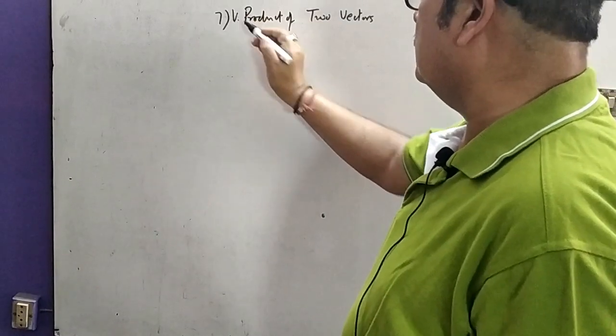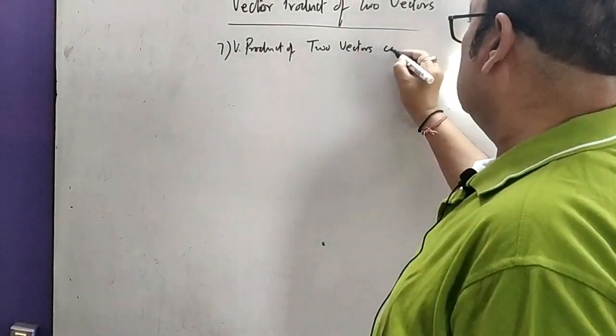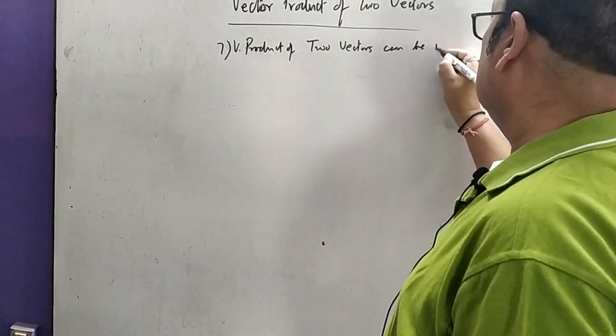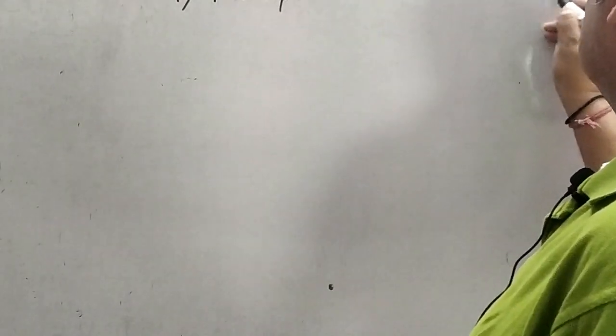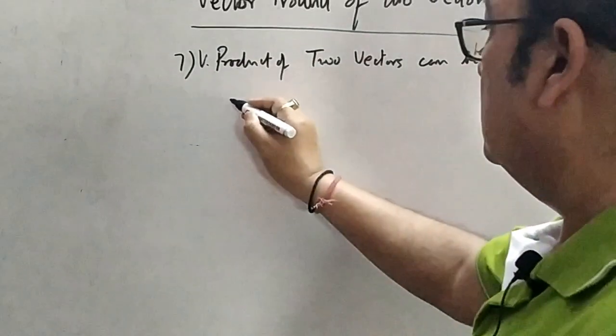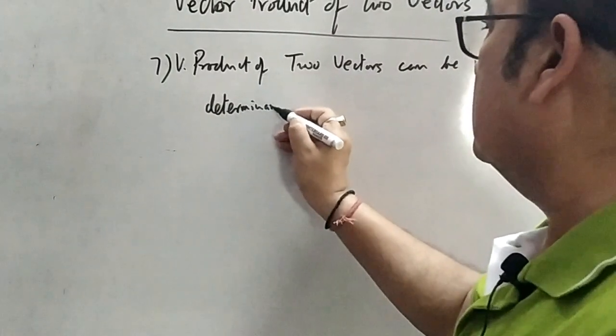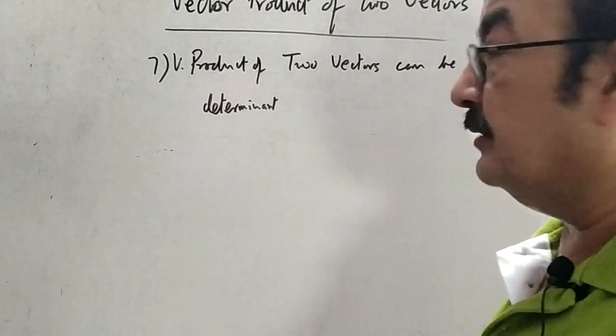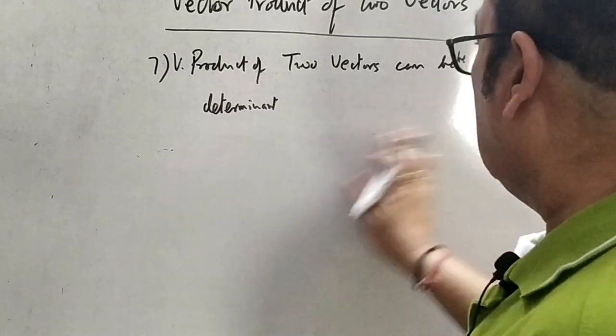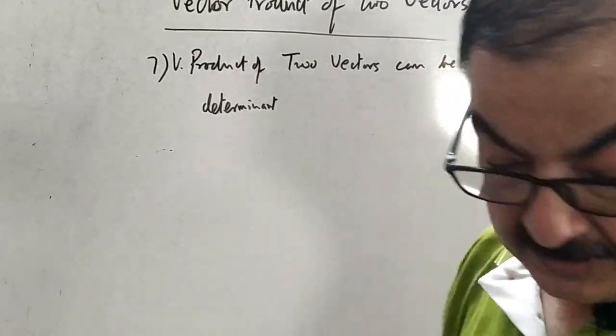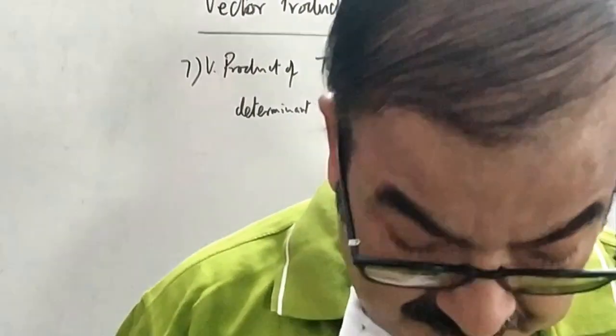So the vector product of two vectors can be written as a determinant. How? It can be written in the form of determinant.